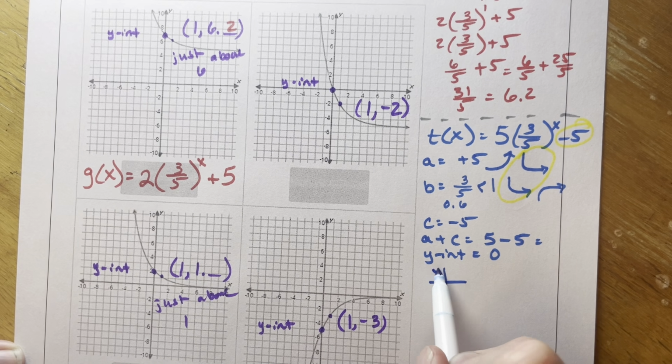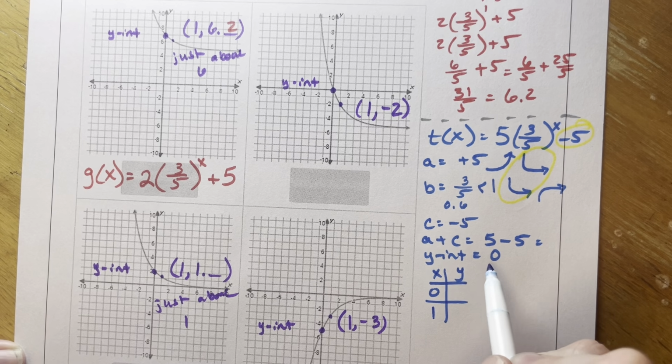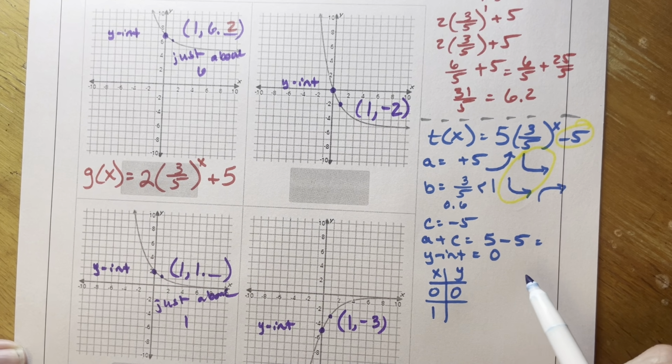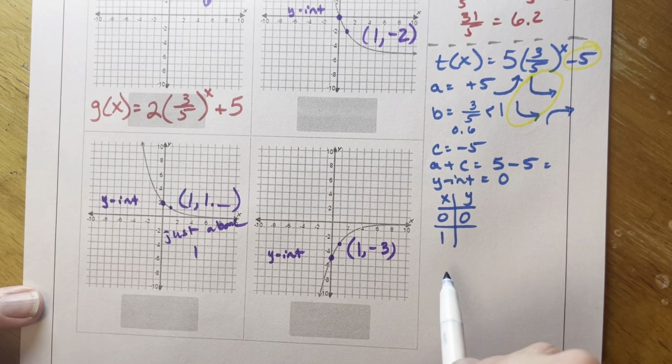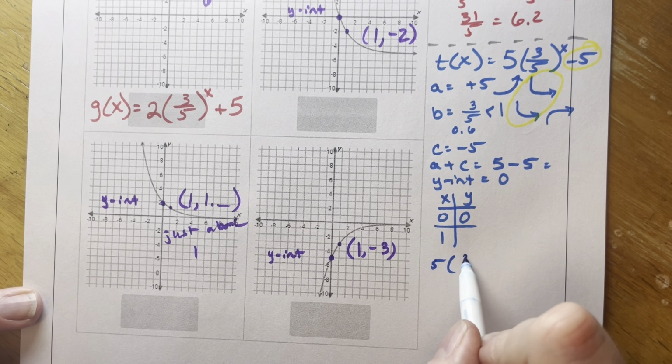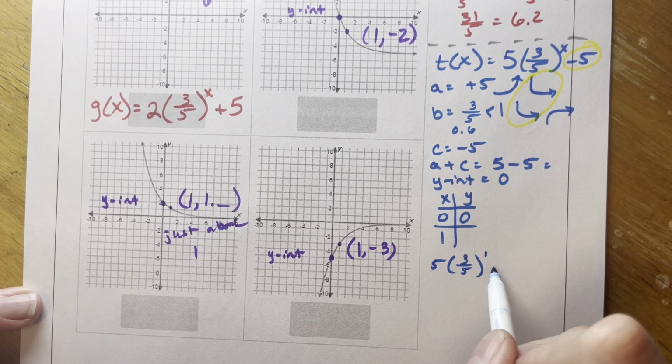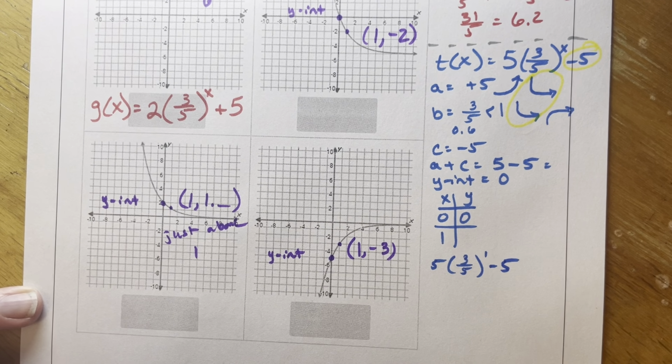Small t table, x and y. Y-intercept at 0, that gave us a y value at 0. And let's go check out what happens when x is equal to 1. So 5 times 3/5 to the first power minus 5. Order of operations. 3/5 to the first power is just 3/5. So 5 times 3/5 is just 3.